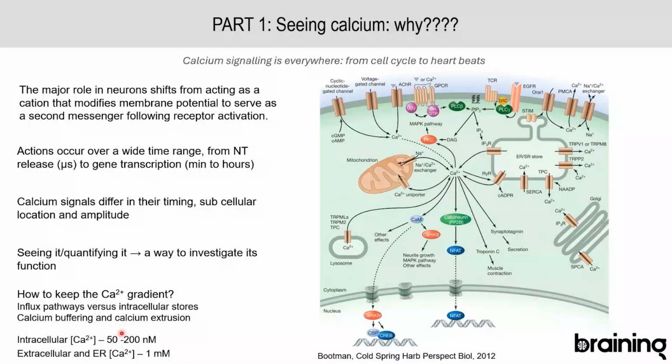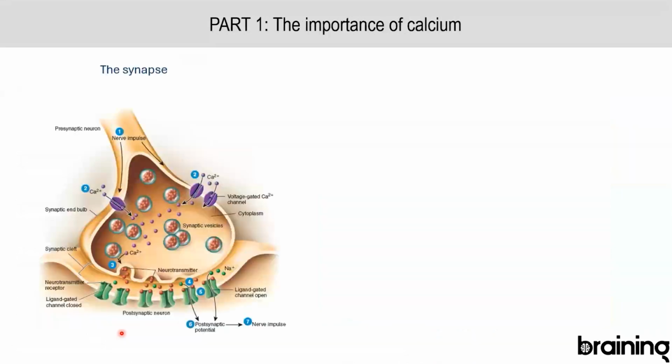And it's really important to keep these calcium concentrations low, because otherwise, if we have an increase in these concentrations, we will have activation of proteins that will damage the cell, and ultimately they can lead to cell death.